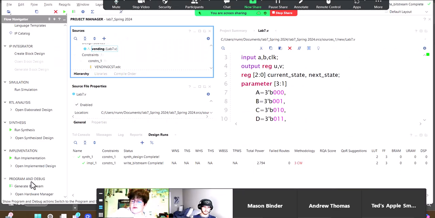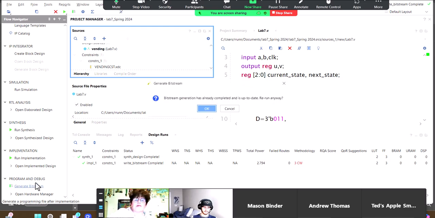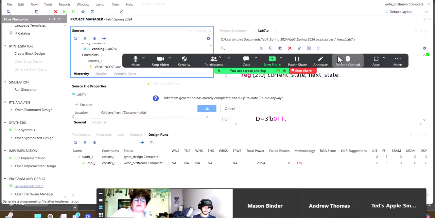So when it's time to run it, you would go to generate bitstream, but I think mine should still be good.